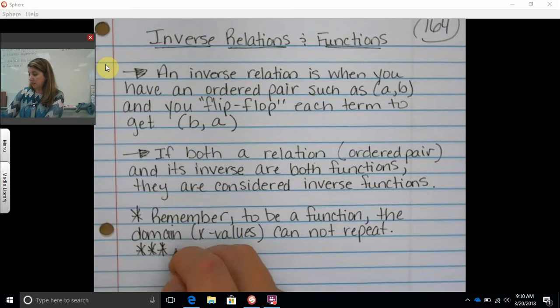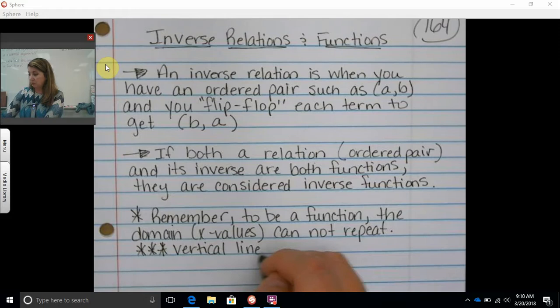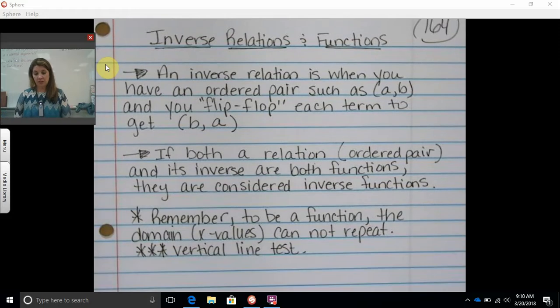And I put vertical line tests, just to remind you what that means. And I'll talk about it again in a minute.